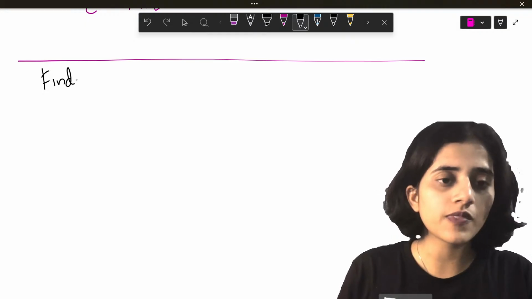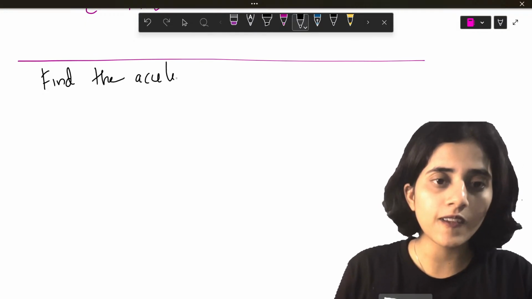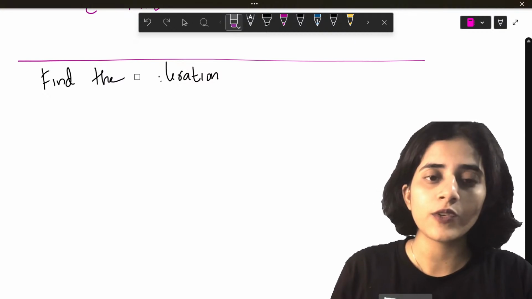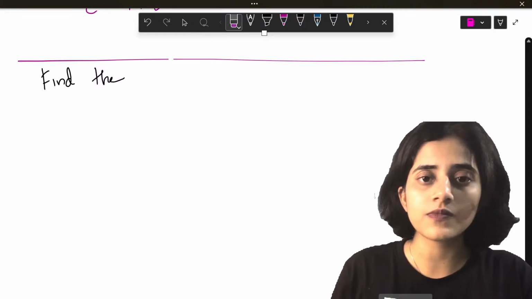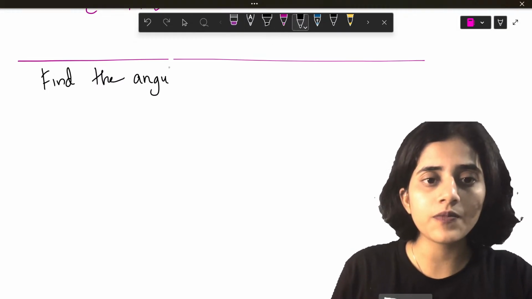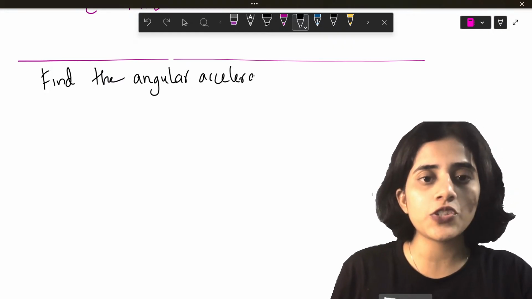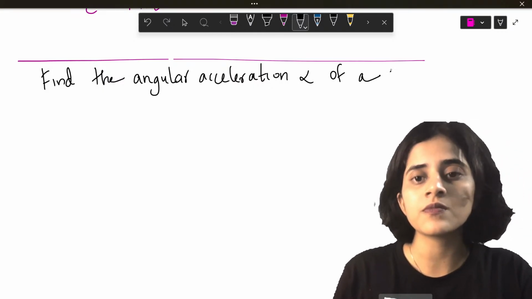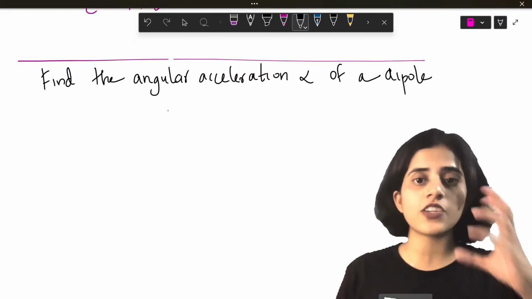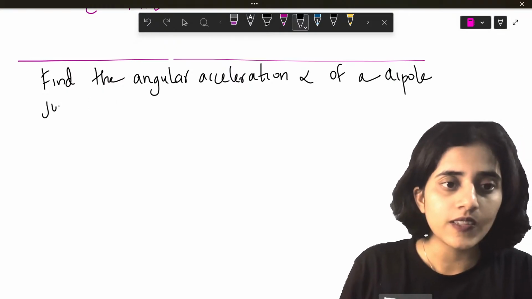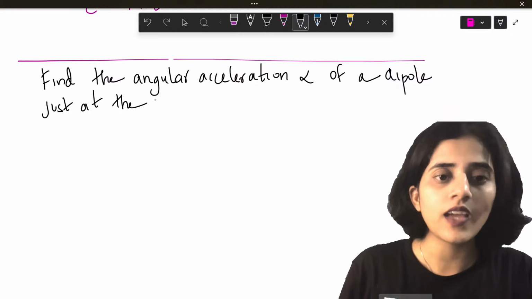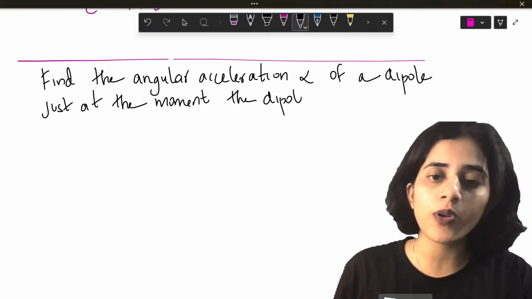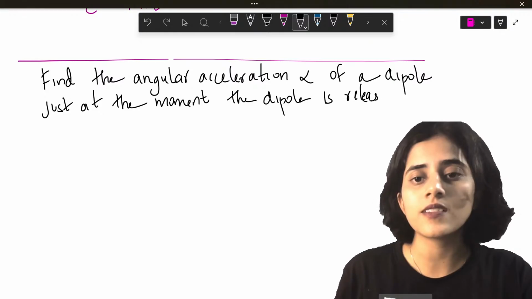You have to find the angular acceleration alpha of a dipole just at the moment the dipole is released.